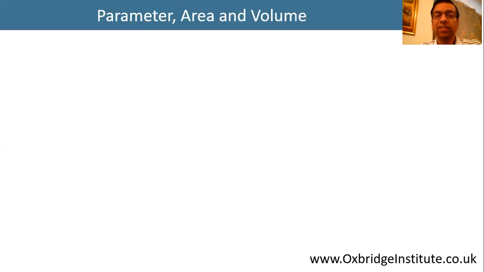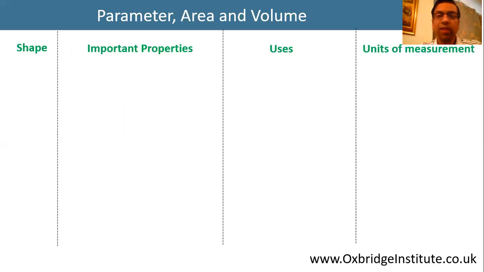So let's understand now key properties of shapes, that is perimeter, area, and volume. Very important from an exam perspective. So we have this table in which we have the shape at the left, important properties, what is the use of each property, and what are the units for that particular property.